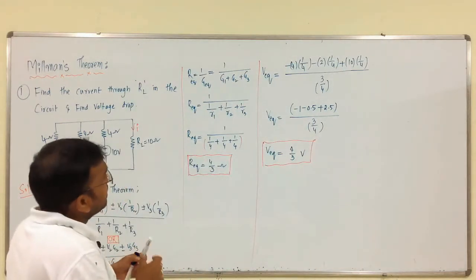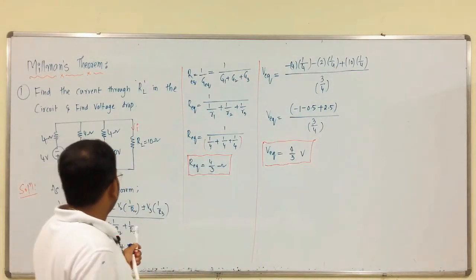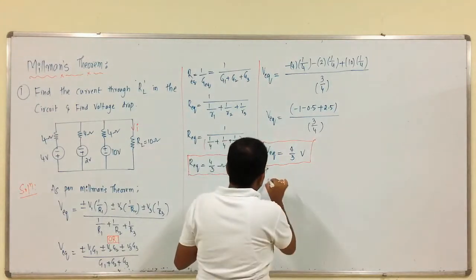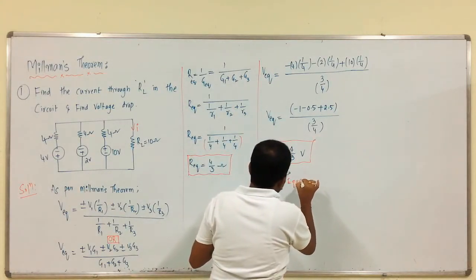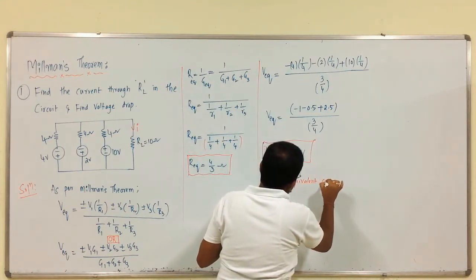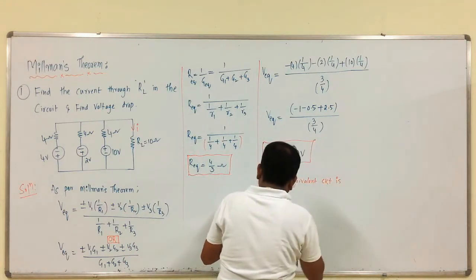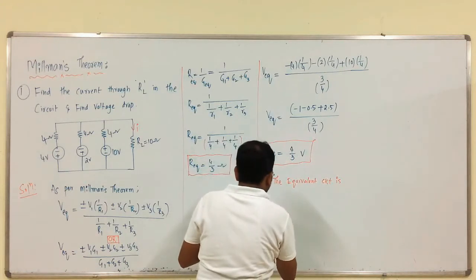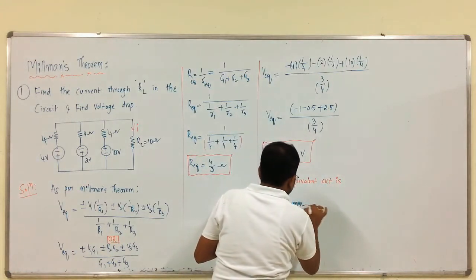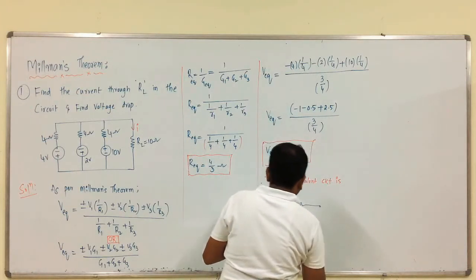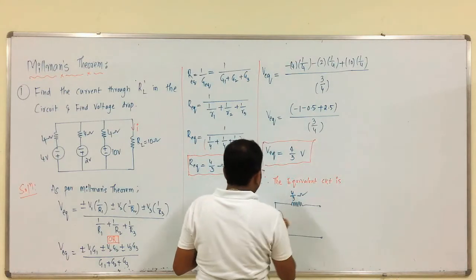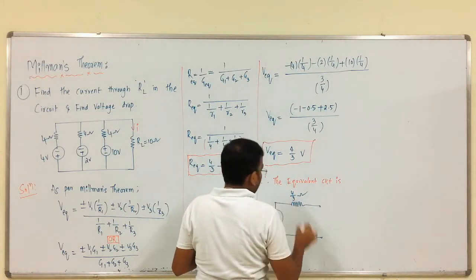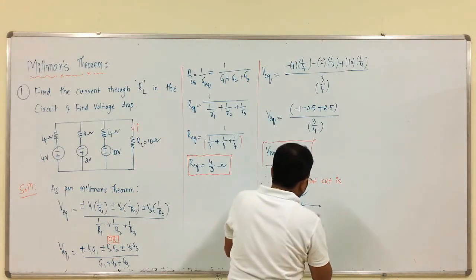Therefore, what is the equivalent circuit? The equivalent circuit is: you have a voltage source in series with R equivalent. What is R equivalent? This is 4 by 3, and this is also 4 by 3 volts, but here we have a load, right.